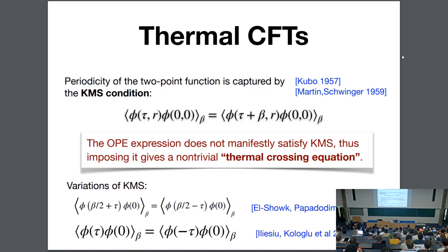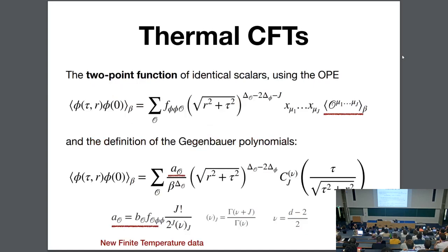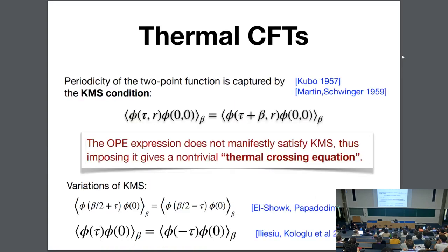Now, doing that is a condition that is not captured by this very nice form of the 2-point function. It doesn't obey this in any obvious way. So this condition is an extra condition we can impose on our 2-point functions. You should really think of this as the thermal crossing equation, which we will try to solve. So this is the beginning of the game.